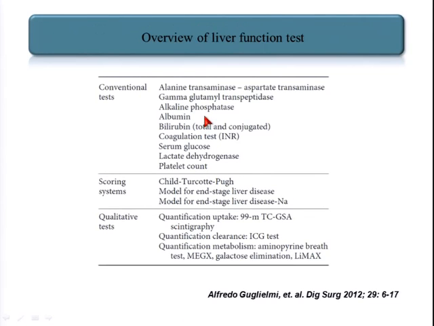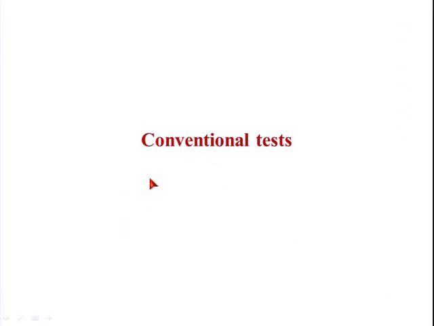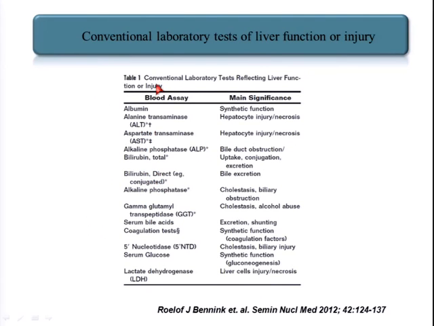Usually liver function tests can be conventional tests, scoring systems, and quantitative tests altogether. With conventional tests, every single test is important for assessing liver function, and we have to think of each one as important.